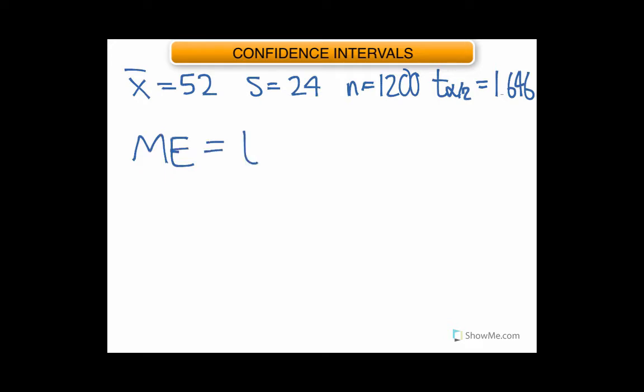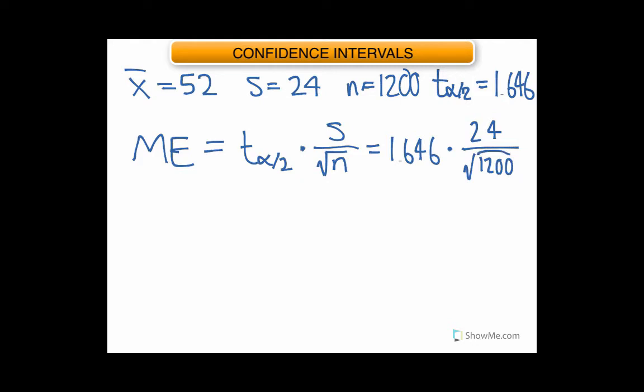From the formula, that was the critical value times standard error, and standard error is just standard deviation over square root of n. If we fill this in, we have 1.646 times 24 over square root of 1200. Putting that in your calculator, you'll get approximately 0.6928 as your margin of error.